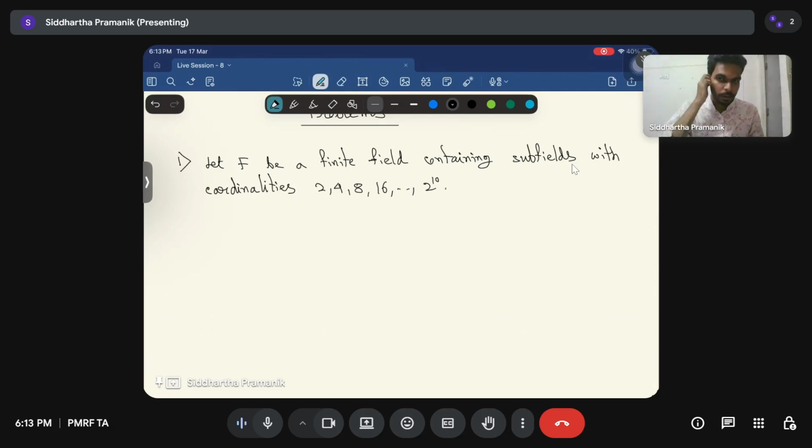Then what is the least possible order of F? What is the least possible cardinality of F can be?